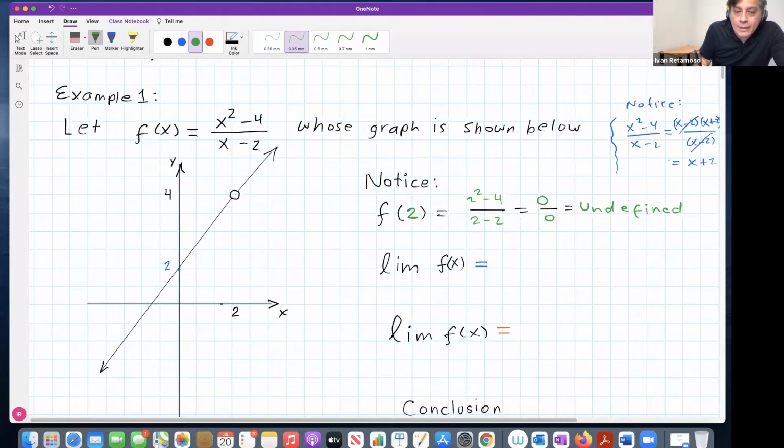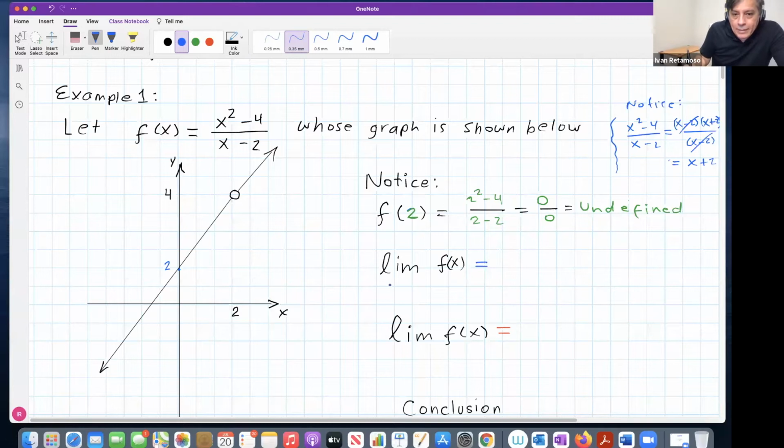When I am very close to 2 from the left, when I am very close to 2 from the right. And this is what limits deal with. They deal with the trend, the behavior of the function in a neighborhood of a point, not at the point, because you can see that at the point, there's no way to compute this output value.